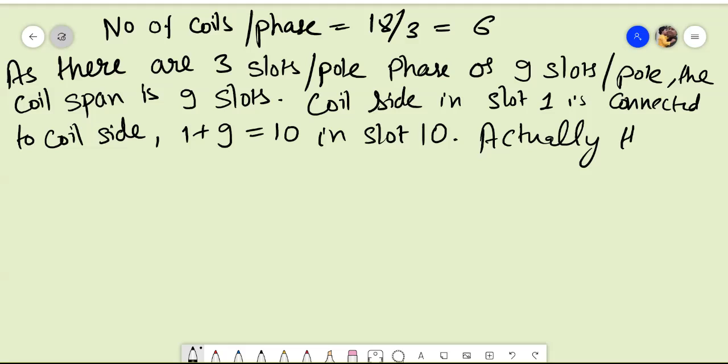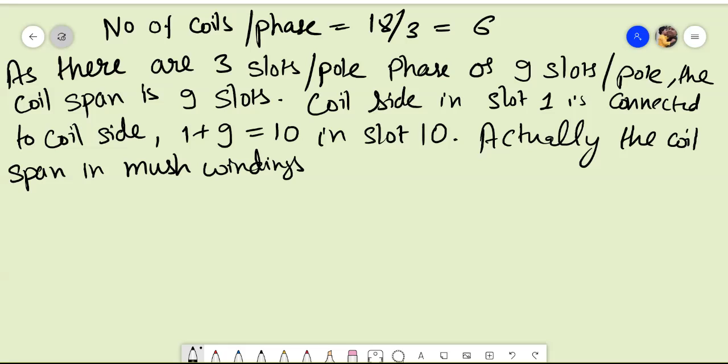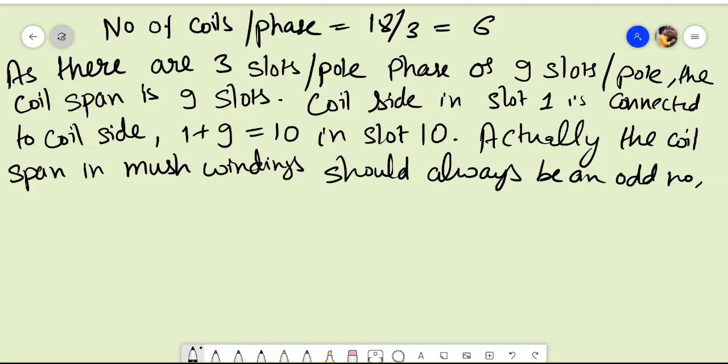And actually the coil span in mush winding should always be an odd number in terms of slot span.